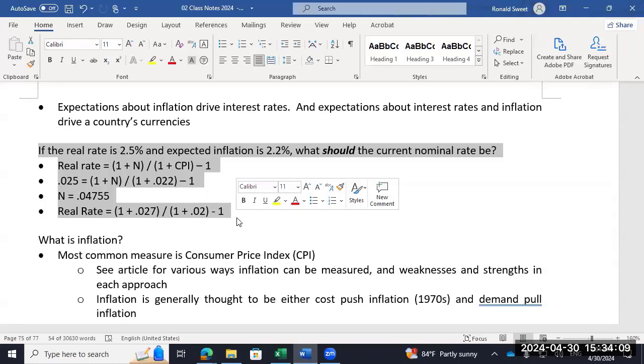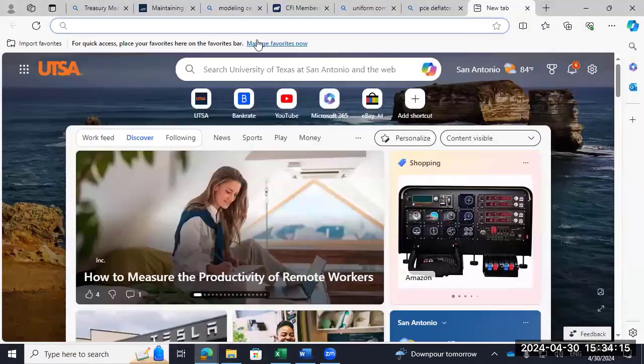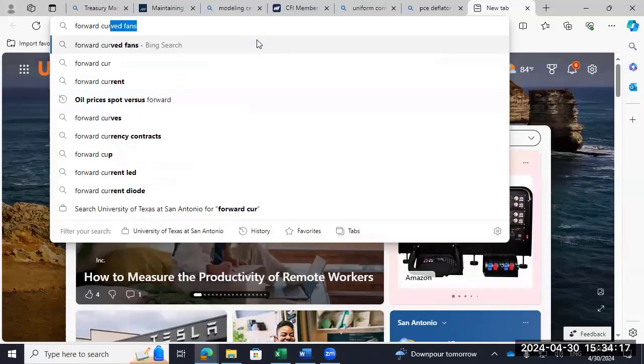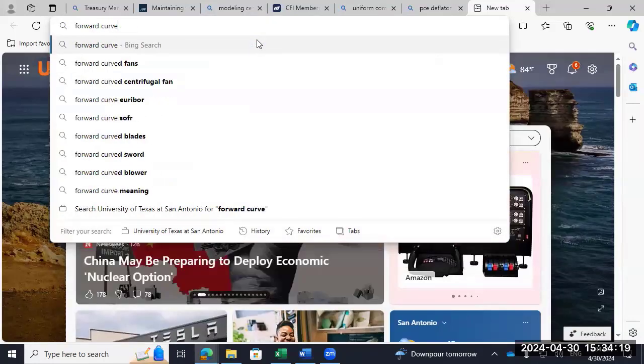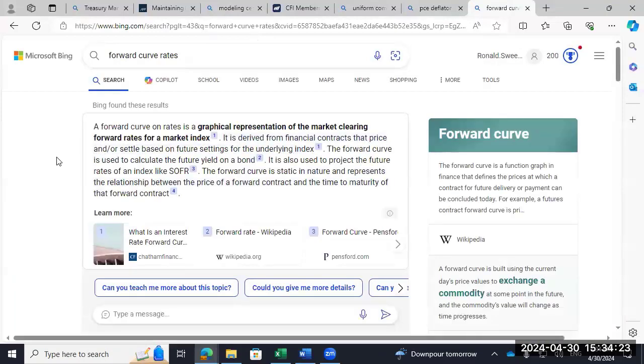Have any of y'all heard that before? Have you heard of the forward curve? Does that sound familiar? Bootstrapping the yield curve is saying the bond market is telling you what they think interest rates will be 5 years from now, 10 years from now.